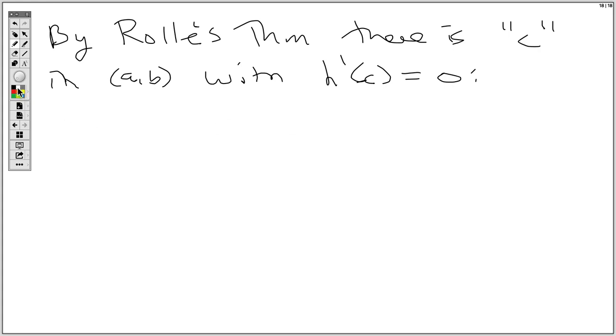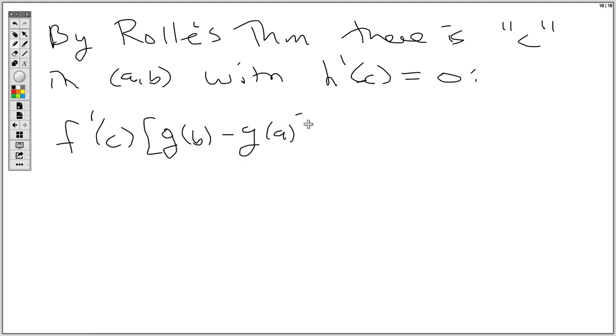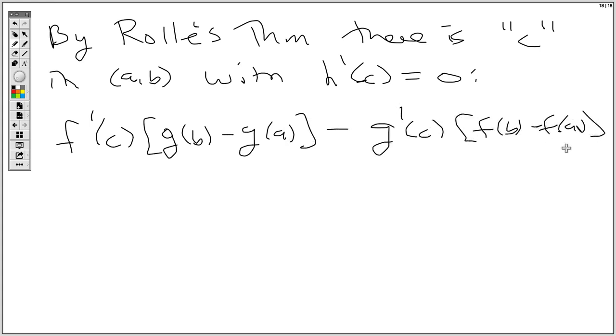So that means that f prime of c times g of b minus g of a minus g prime of c times f of b minus f of a equals 0.